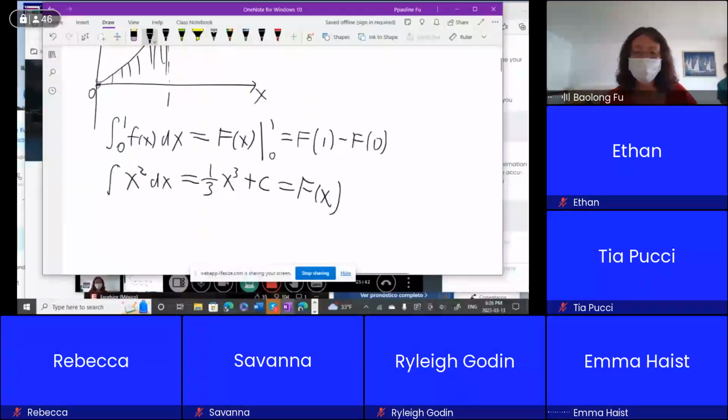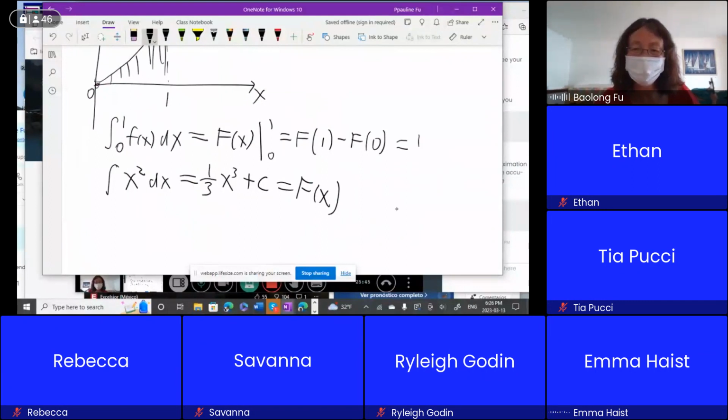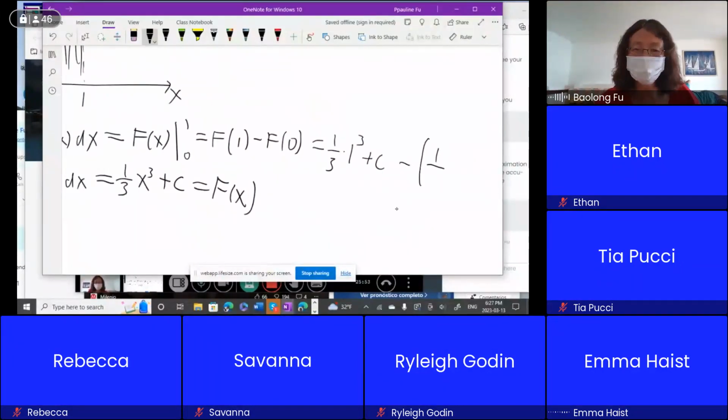Then plug in x equal to 1: 1/3 times 1 cubed plus c, minus 1/3 times 0 raised to power 3 plus c. The c and c cancel out, so you just have the result from 0 to 1.